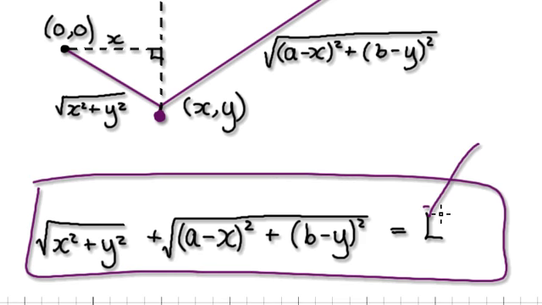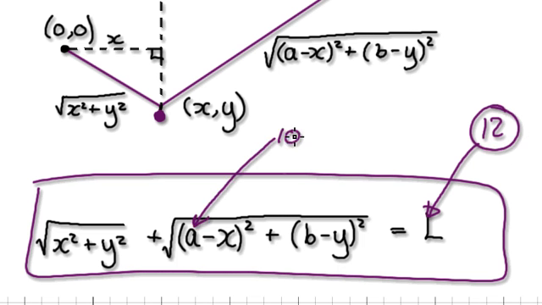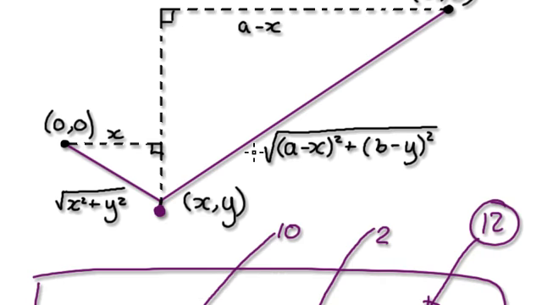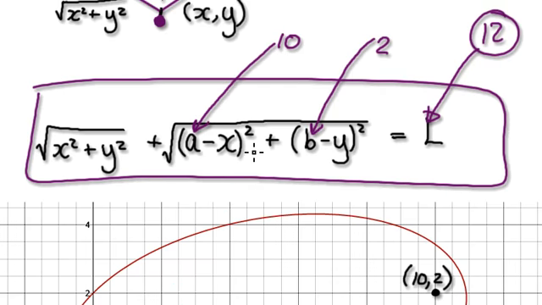Let's make something up. Put 12 in for the length of our string, put 10 into A, and put 2 into B. These are just random numbers to have a sense of what's going on.